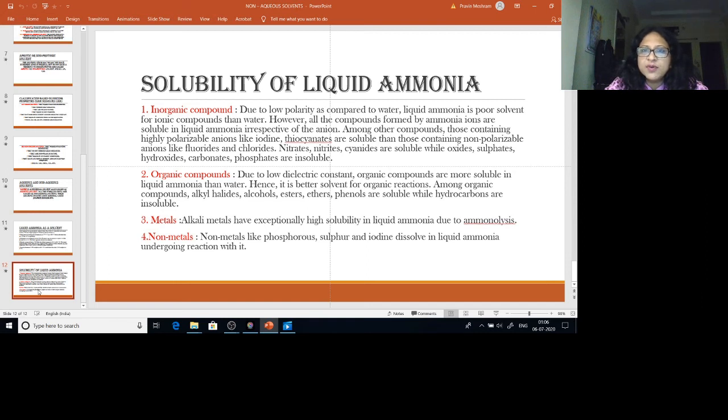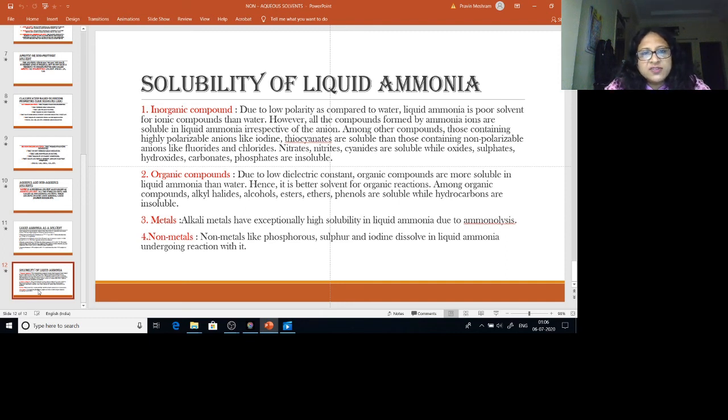However, all the compounds formed by ammonium ions are soluble in liquid ammonia irrespective of the anion. Among other compounds, those containing highly polarizable anions like iodides and thiocyanates are more soluble than those containing non-polarizable anions like fluorides and chlorides. Nitrates, nitrides and cyanides are soluble while oxides, sulfates, hydroxides, carbonates and phosphates are insoluble.